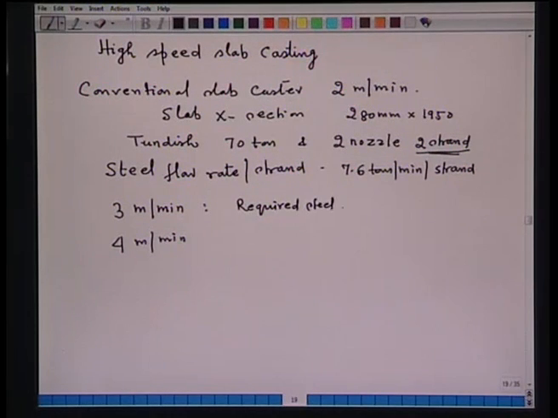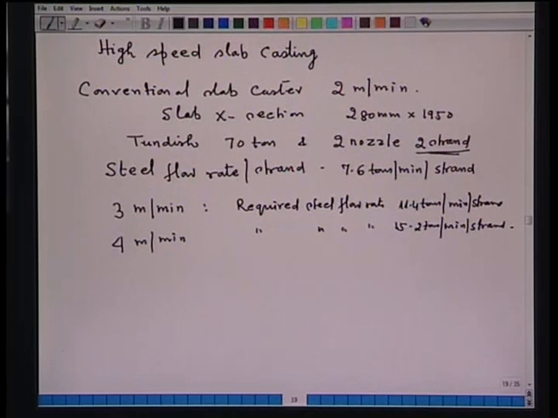Now, required steel flow rate would be 11.4 tons per minute per strand. And if I want to go at 4 meter per minute, then required steel flow rate will be 15.2 tons per minute per strand.